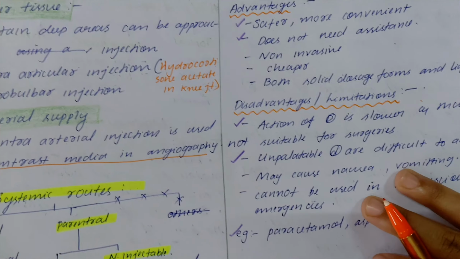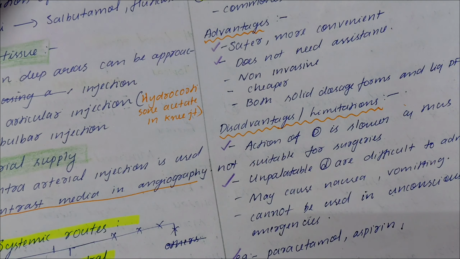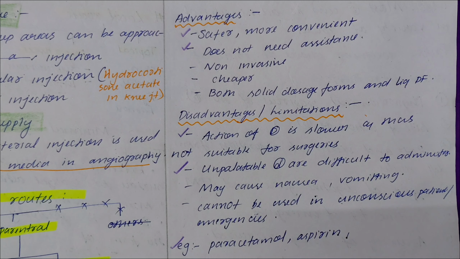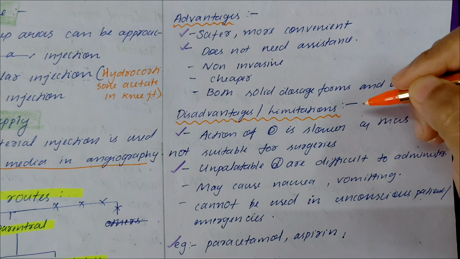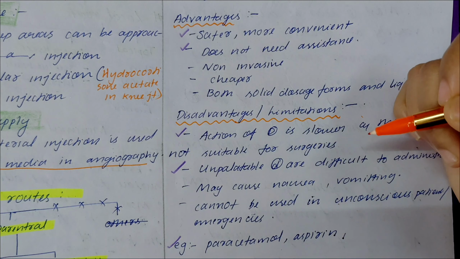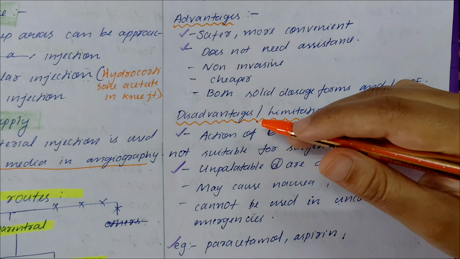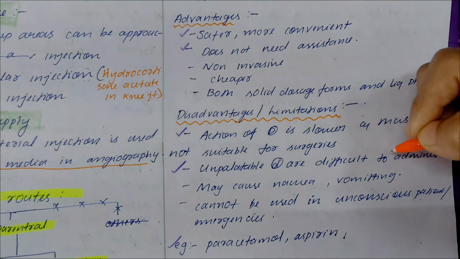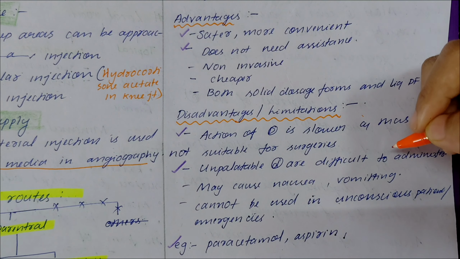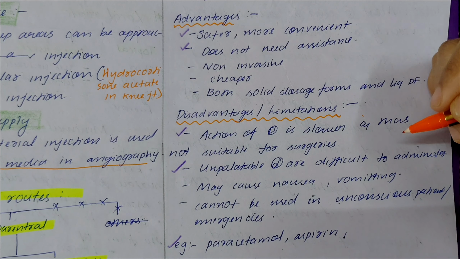Now what about the disadvantages? Disadvantages of the oral route are that the action of the drug is slower and thus not suitable for surgeries or emergencies. Some unpalatable drugs are difficult to administer, as they are very bitter, and we can't force them to eat.